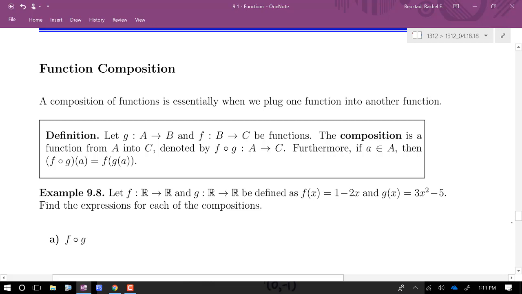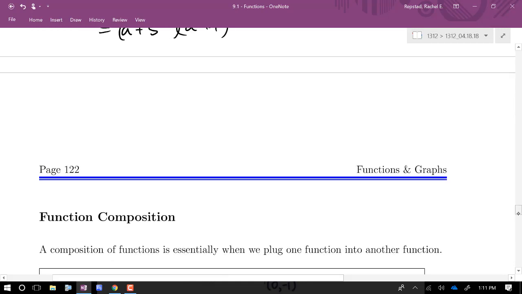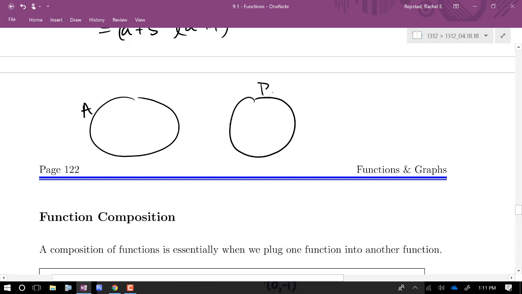So we can compose two functions if the domains and codomains line up nicely, which for the most part they will, because we're really just looking at functions that map from reals to reals. Let's say we have a domain A, a codomain B, and some other set here, C. In this definition, G maps from A to B. So there's my G function.